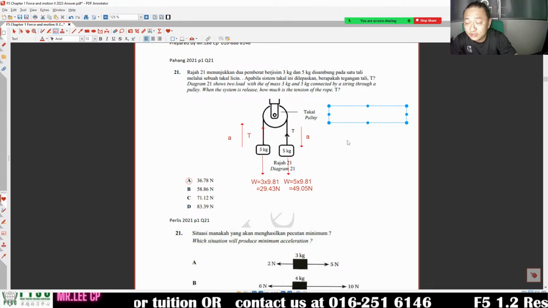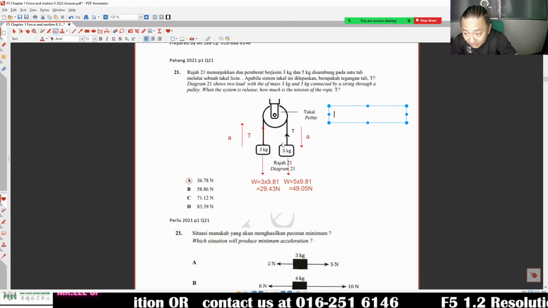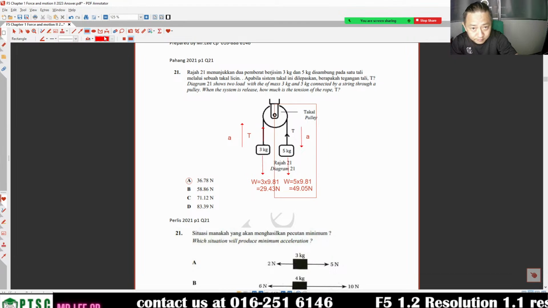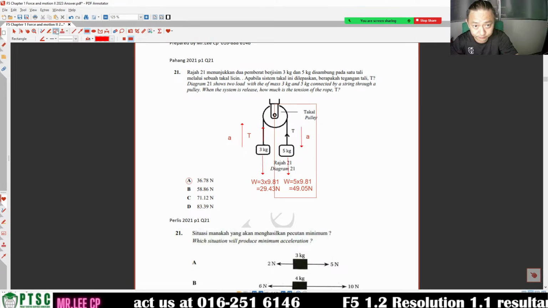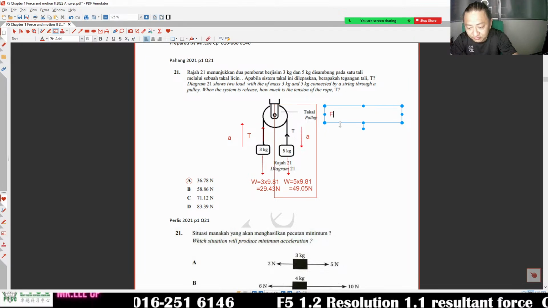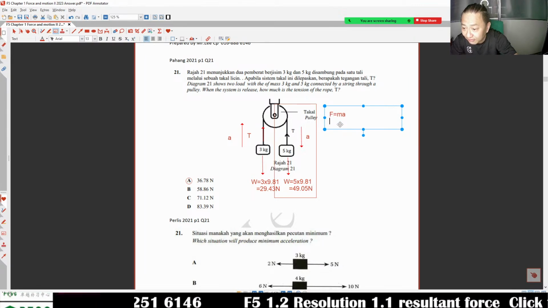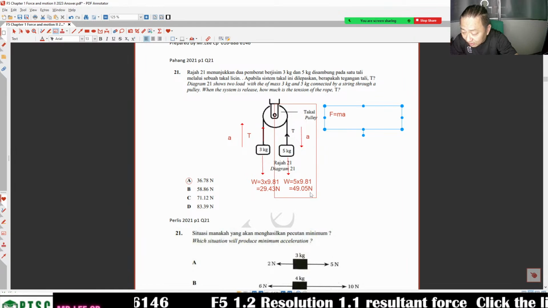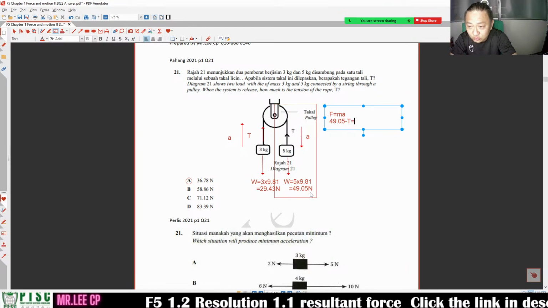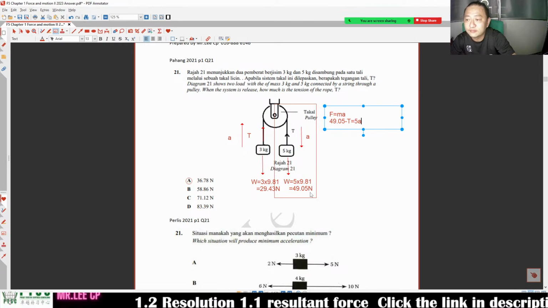So I want to write the equation. The equation is big minus small. This equation will be F is equal to MA. 49.05 minus T is equal to 5A. First equation.